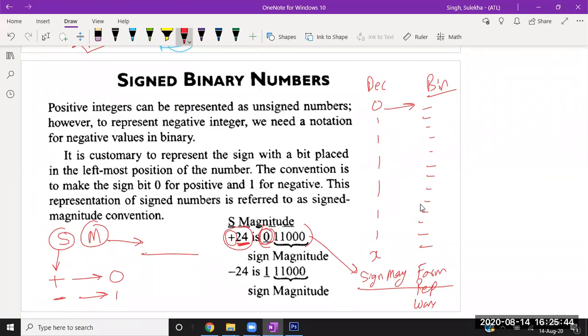If I change this first bit to 1, it is the same 24, but the 1 represents that you are talking about the negative number, because you have clearly indicated that you are using signed magnitude representation.